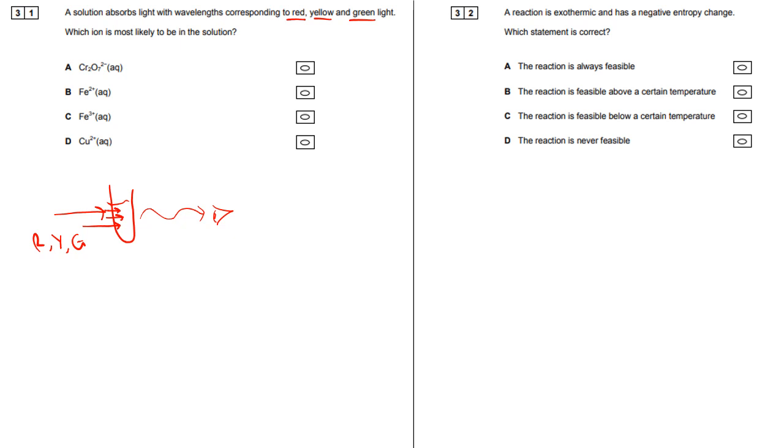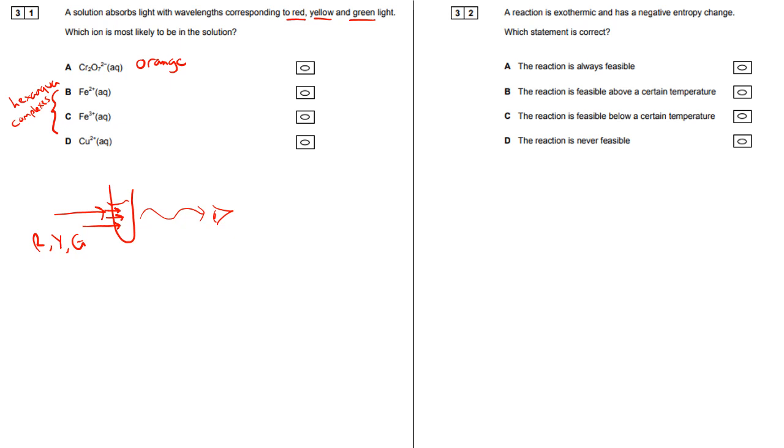So let's just go through the ions that we're given. These are all ones on the specification, ones that you should have learned. So you've got the dichromate ion, which is orange. You've got the aqueous transition metal ions here. Just a quick reminder, aqueous transition metal ions are actually existing as the hexaaqua complexes. Excuse the terrible writing there.